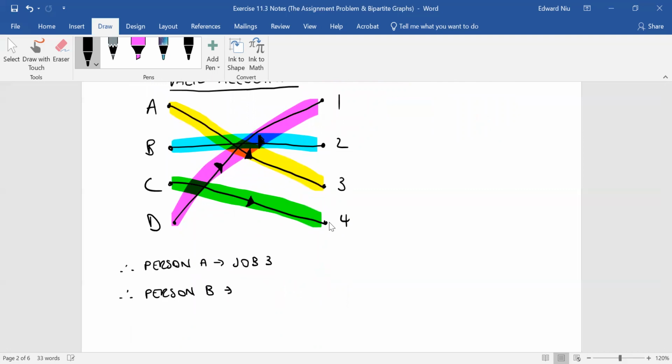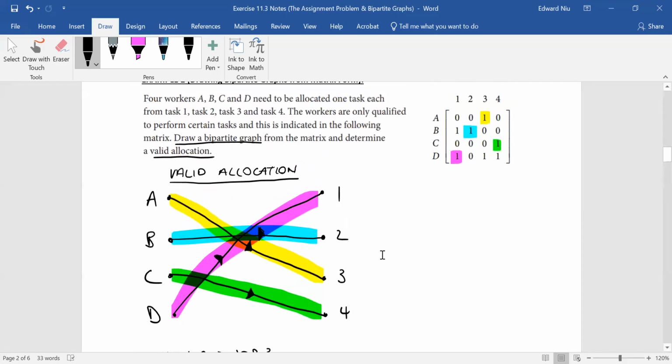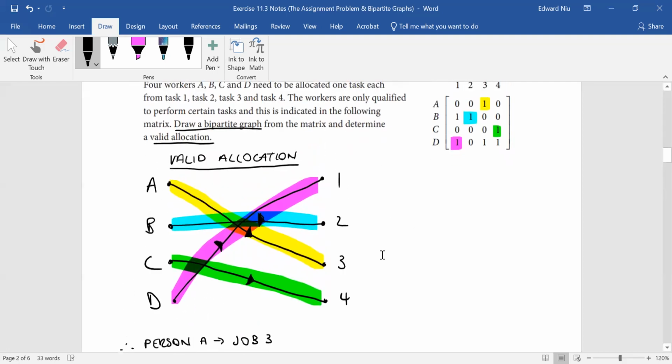Person B does job 2. Person C does job 4, and then person D does job 1. All right, so that's the valid allocation.